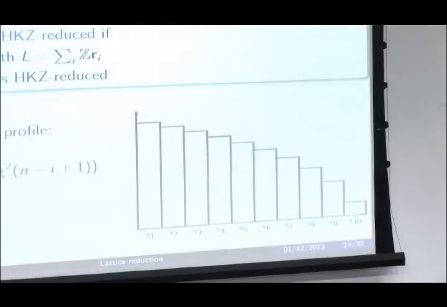So the log of Ri is essentially log squared of n minus i plus 1. So how does it look? It looks like this. It's concave. At the start, it's very flat, and at the end, it decreases a bit faster, but not very fast, actually quite slowly.